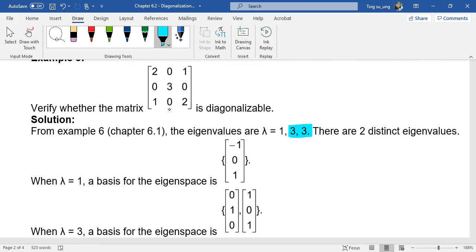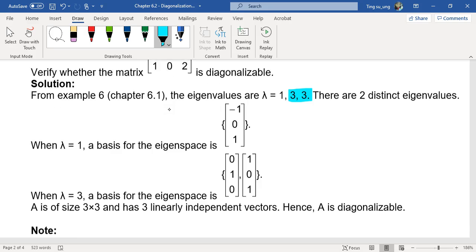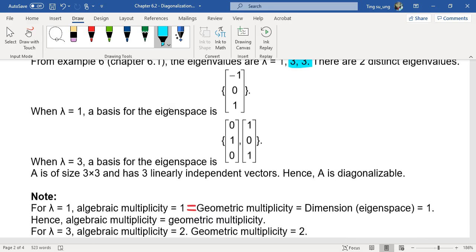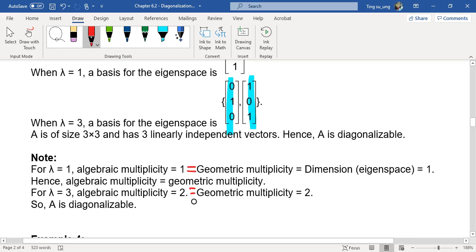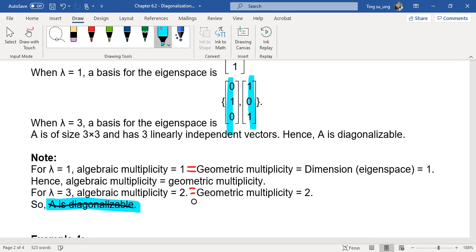It's 2 because it has been repeated twice. So for lambda equals 3, your algebraic multiplicity is 2. How about the geometric multiplicity? It is also 2. So here what you can conclude is that it is also the same. If they are the same, it means A is diagonalizable. This is another way for you to double confirm.